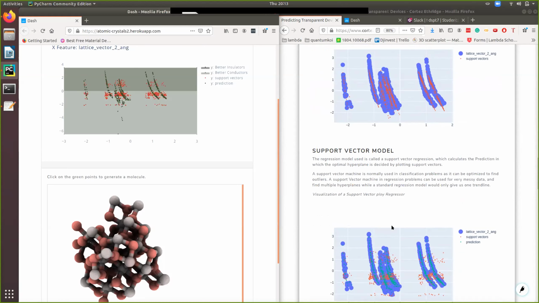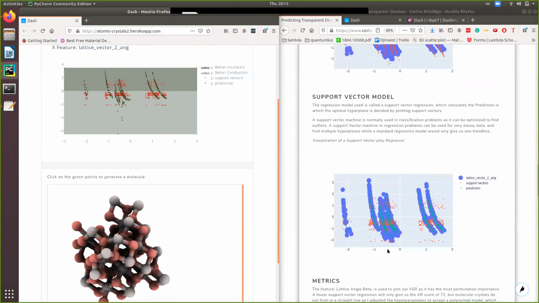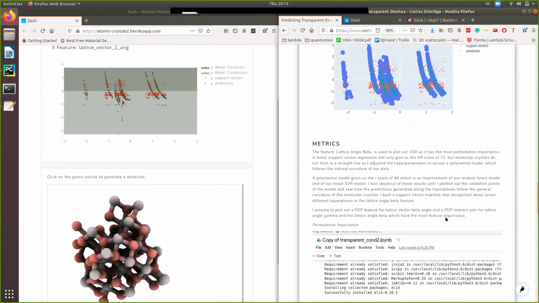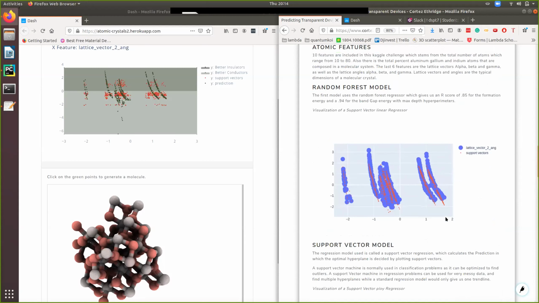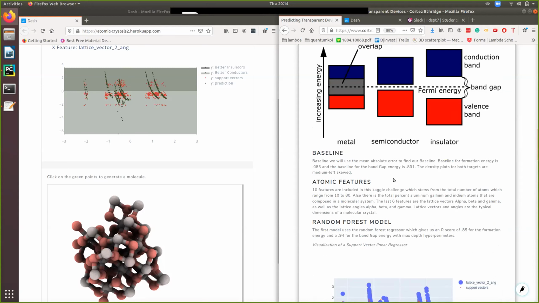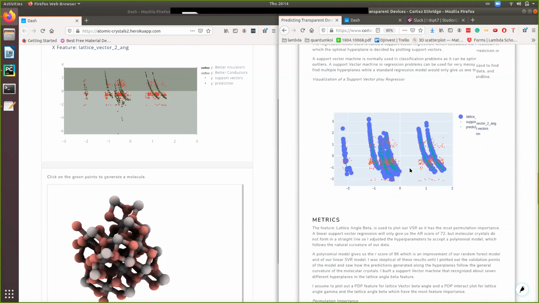Our vectors are the red things, and then they find a decent medium, and compared to a typical linear regression, we are able to find 7 different trend lines instead of just one. Here are my metrics. My baseline for MSE was 0.83 for band gap.